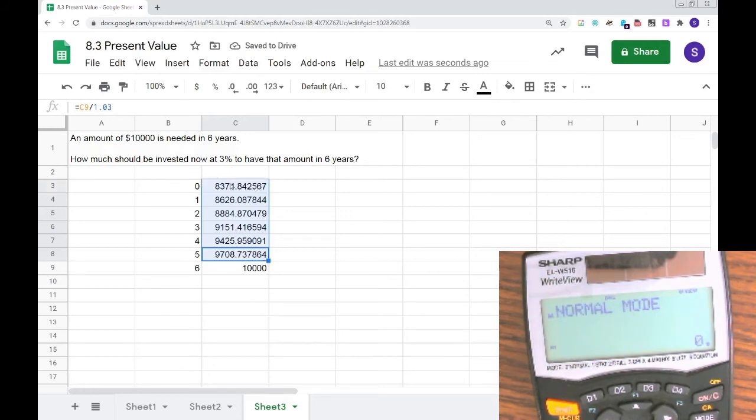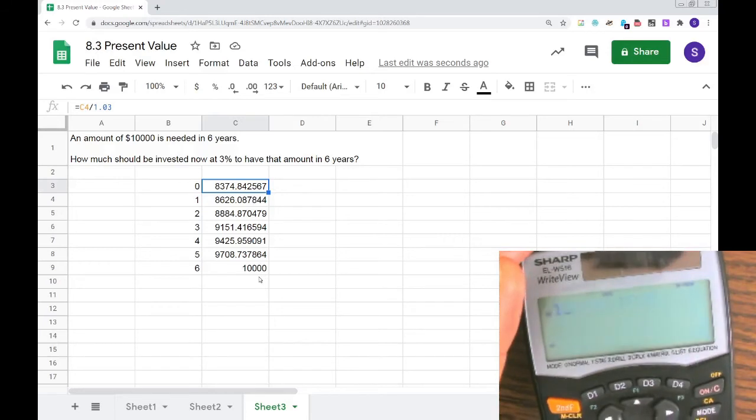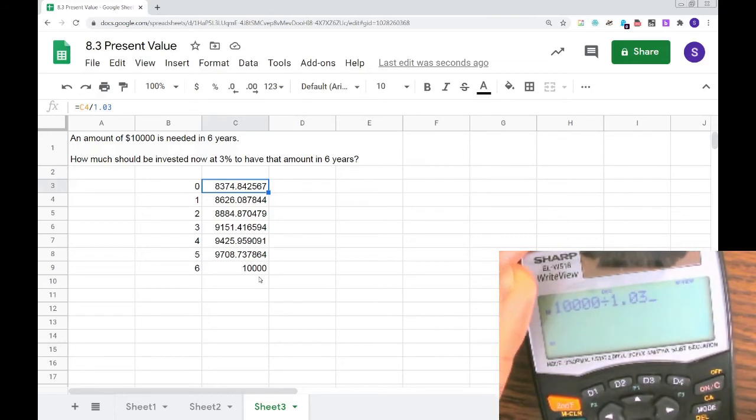So I've just divided by 103% 6 times to get this amount. So it makes sense that this number is smaller than 10,000 because it's going to grow to 10,000 in 6 years. So using our calculator, we're going to divide by that number 6 times.